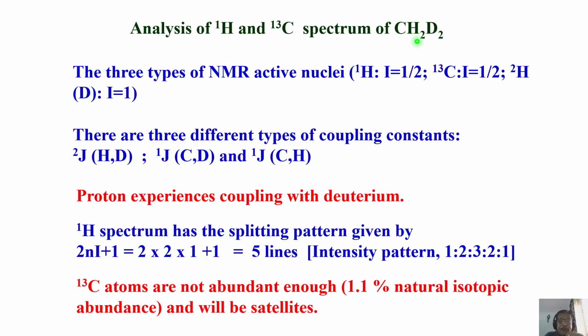Now I will look at the carbon 13 spectrum. What type of spectrum are we going to get for carbon? We will discuss more about carbon NMR in the next one or two classes in depth. I'll tell you a lot about carbon 13 NMR. At the moment, similar to the analysis of the proton spectrum, we can generate the carbon 13 NMR spectrum just by looking at the splitting patterns.